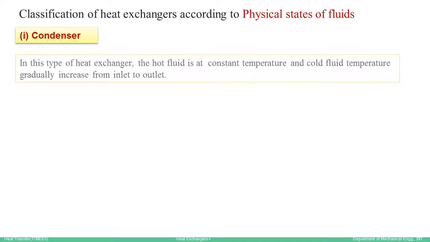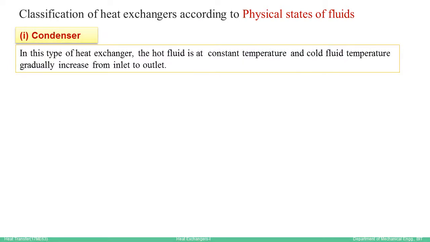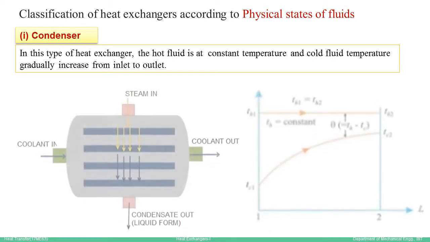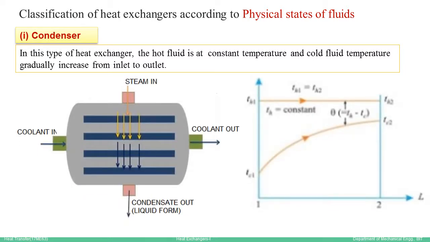In a condenser, the hot fluid, which is nothing but the steam, remains at constant temperature, and the cold fluid, which is generally the coolant used to reduce the temperature of the hot fluid, gradually increases in temperature from its inlet to its outlet. The steam enters the condenser, and when it comes out, it will be in liquid form.